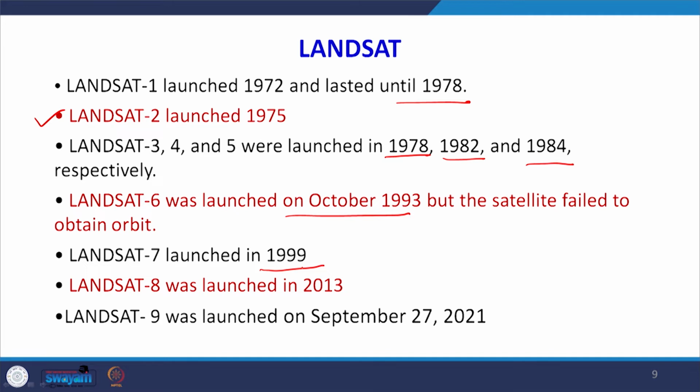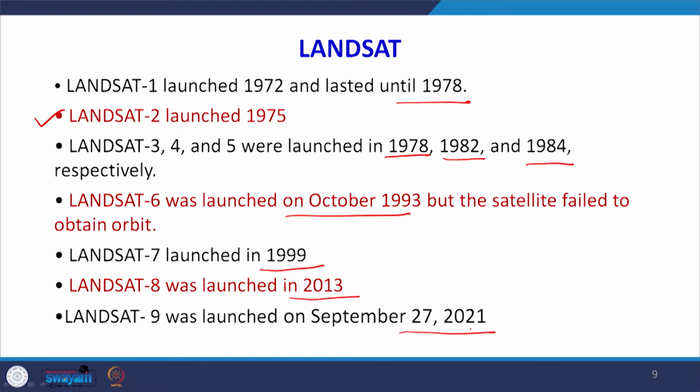Until then, the earlier satellites kept on giving us data for the whole world. The advantage of these satellites was that anywhere in the world you can procure this data, place an order, and use it for your study. Then Landsat 8 was launched in 2013, and Landsat 9 was launched very recently, in 2021.